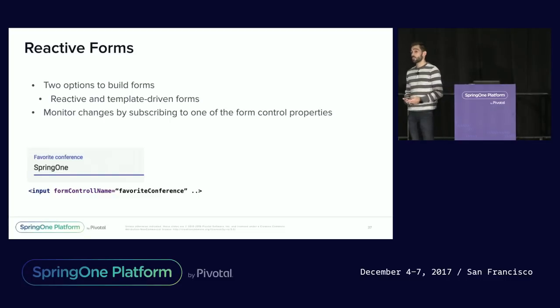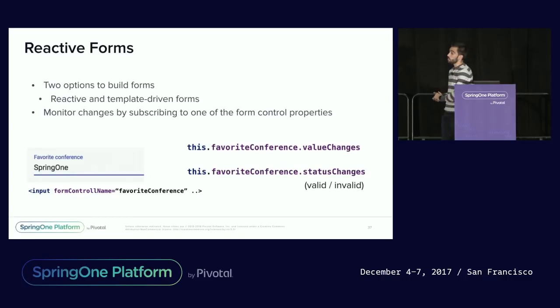One of the things that allows us is to subscribe to changes on form controls that we have in our form. So for instance, if we have a text input and we want to get the values from that text input, we can define the form control, and this will give us this valueChanges observable.